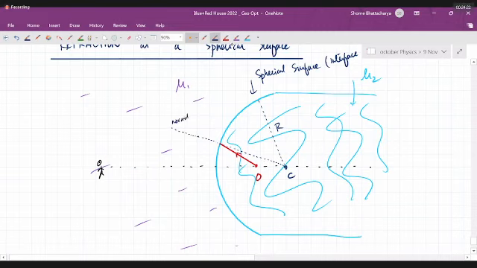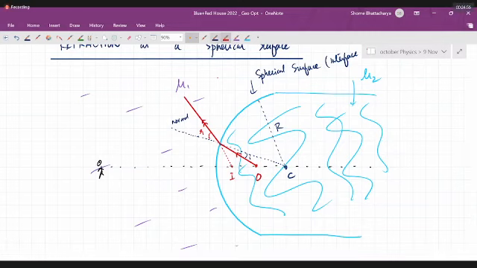So this here becomes the angle of incidence. So we assume that the medium mu1 is rarer than the medium mu2. So we bend away from the normal. So our refracted ray will be like this, such that now this is the angle of refraction. Okay. And when you produce the refracted ray back, suppose it meets the principal axis at the point I, so that becomes the image.